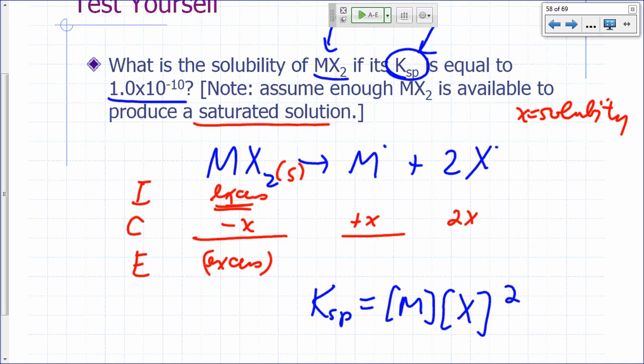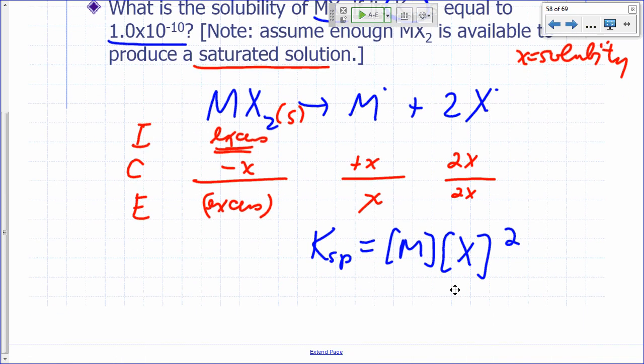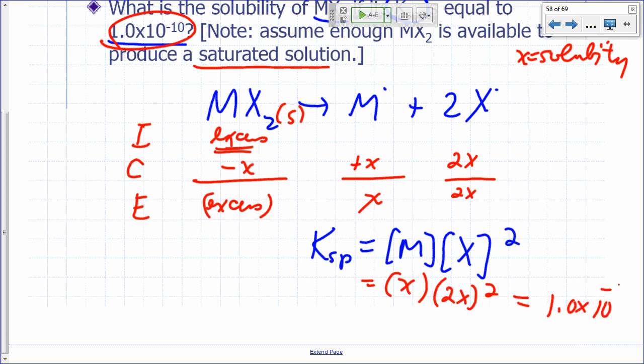You have a saturated solution, and then you have X moles per liter of M and 2X moles per liter of X. So what's our expression for KSP in terms of X? This is going to be X times 2X squared. We're given the KSP is 1.0 times 10 to the negative 10, so that's equal to 1.0 times 10 to the negative 10.